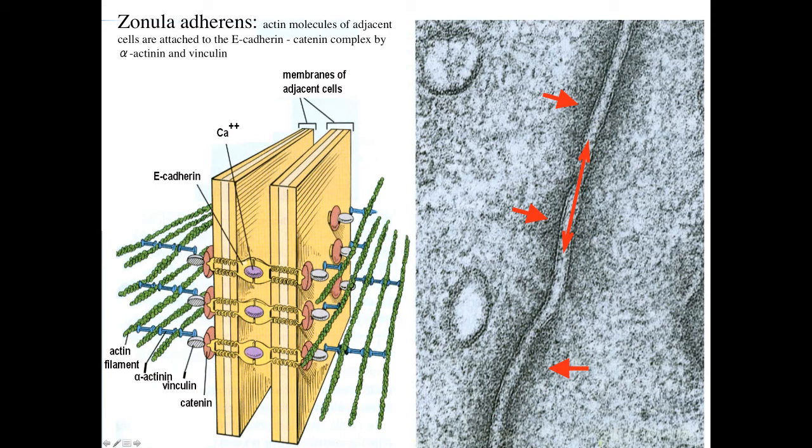So again, you can imagine these zonula adherens holding the cytoskeleton of one cell tightly to the cytoskeleton of another cell, helping to maintain the integrity of the epithelial sheet. So for example, these cells would have high resistance to, you might imagine, shear forces.